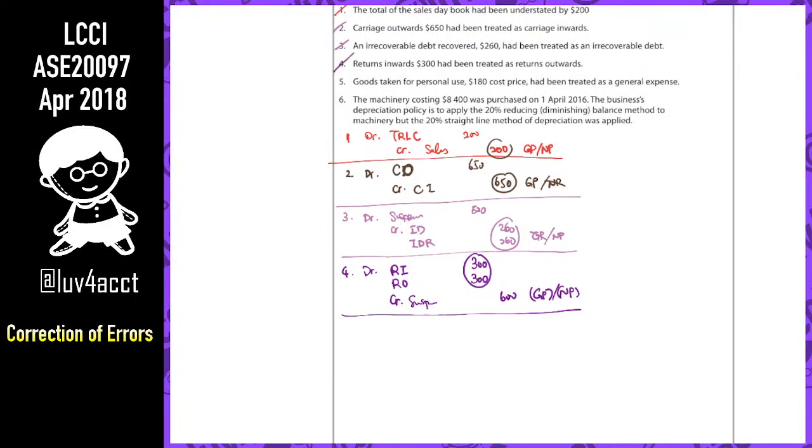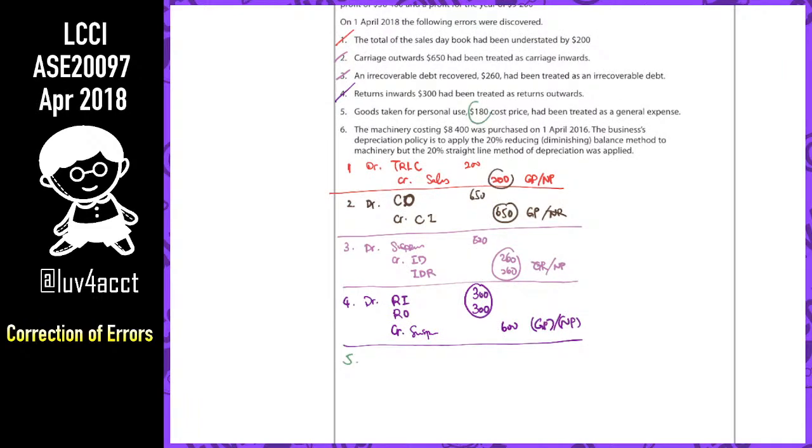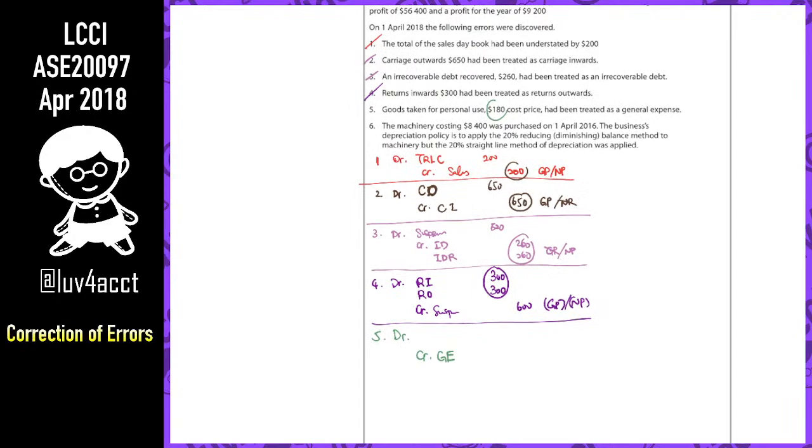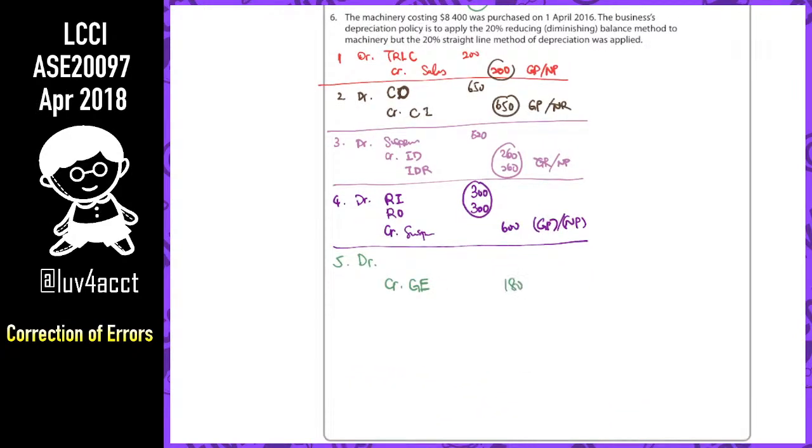Item 5. Goods taken for personal use, 180 cost price, have been treated as a general expense. So take away from general expenses 180, and then put it in drawings. Drawings is not related to the trading section, but general expenses is.